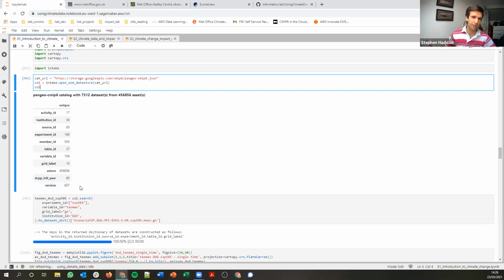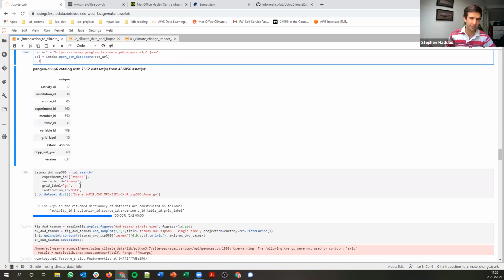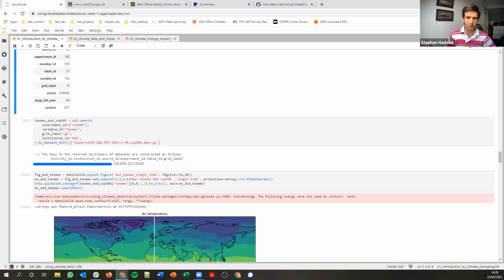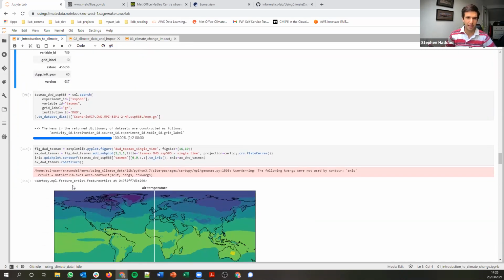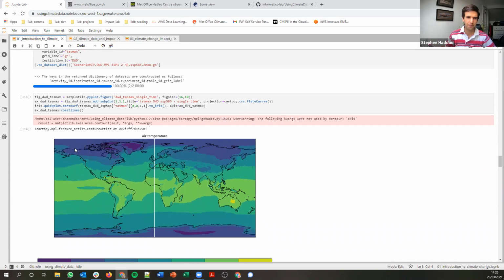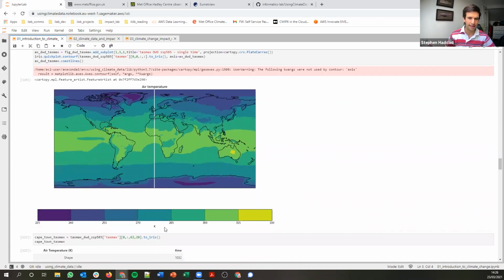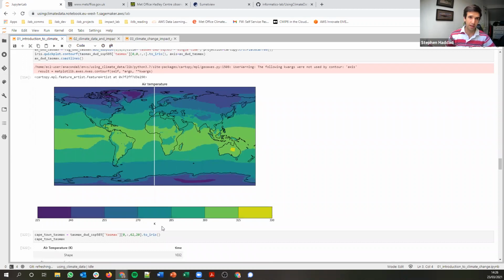And so you can look at these notebooks later on to see how you can access this data very easily. It's quite fun to play around with, to see what different scenarios show. Similarly, you can plot data for the whole world, for a particular time, from a particular data set. So this is temperature from the German weather service and their climate forecasts.